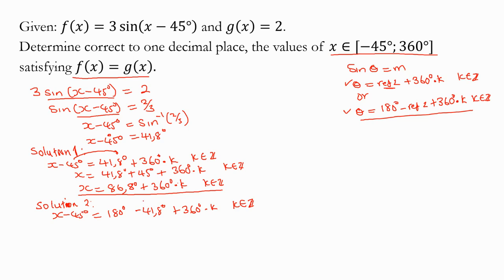Again, we can transpose and bring it this side. If you say 180° − 41.8° + 45°, you're going to get 183.2°. So x = 183.2° + 360° × k. This is the general solution for solution 2.